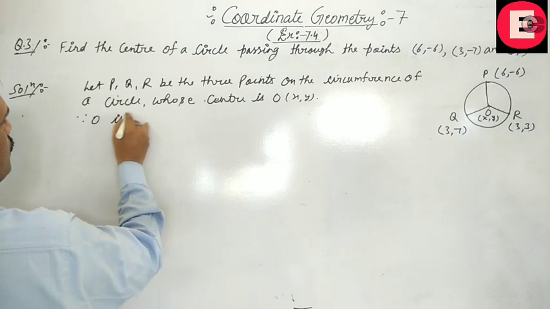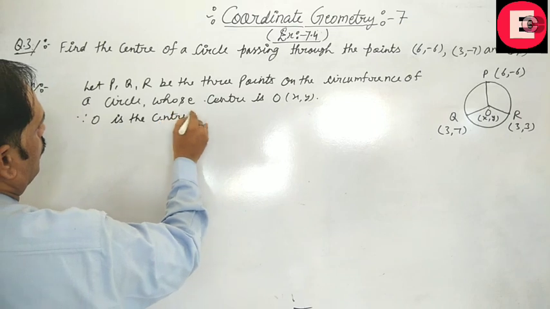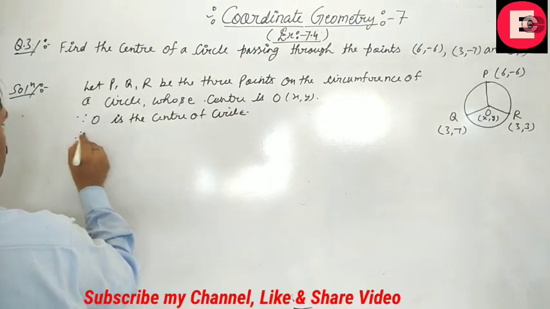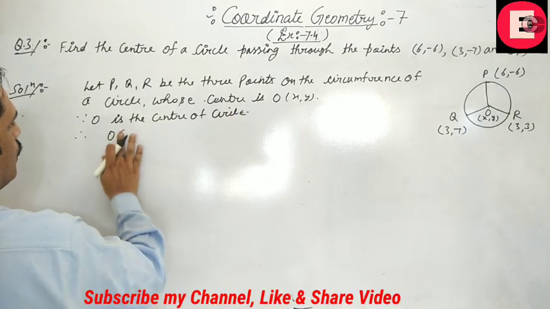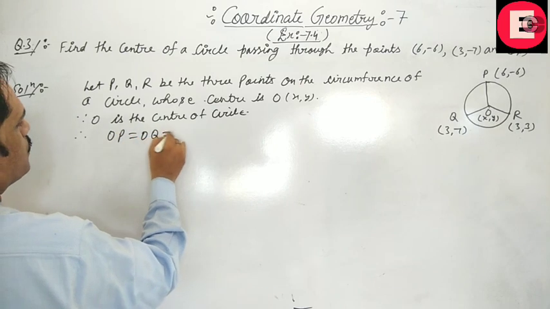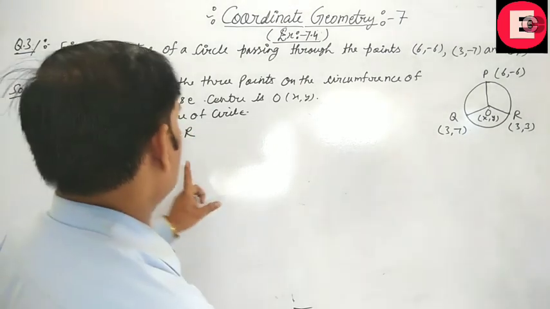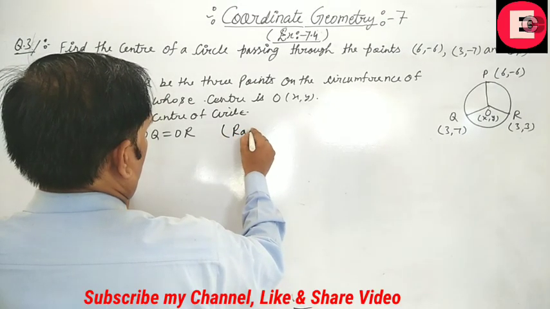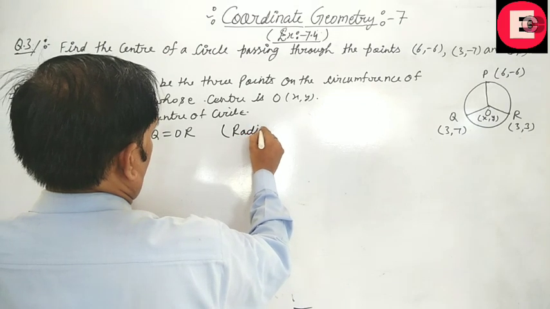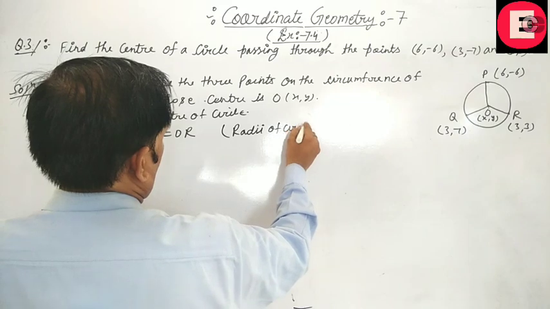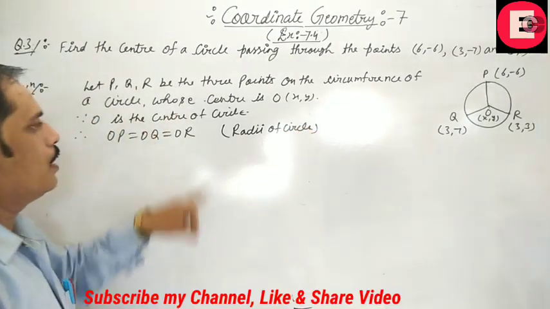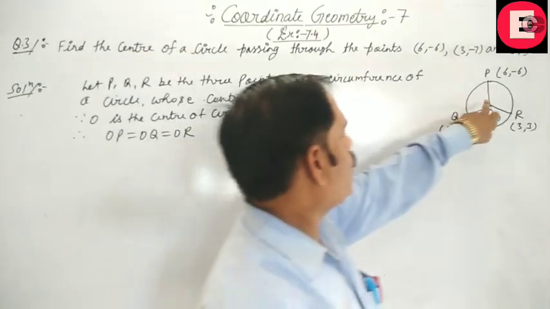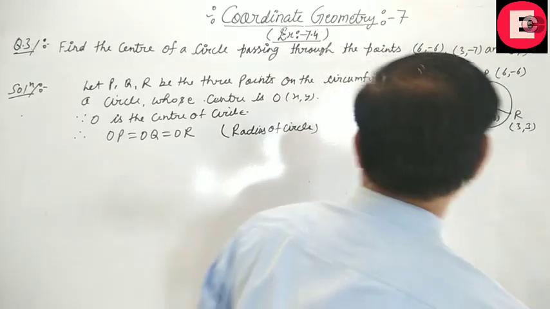Since O is the center of the circle, therefore OP is equal to OQ is equal to OR, because these are the radius of the circle.